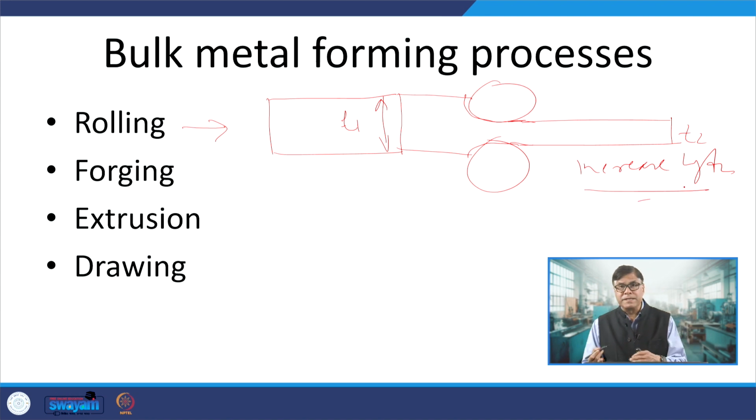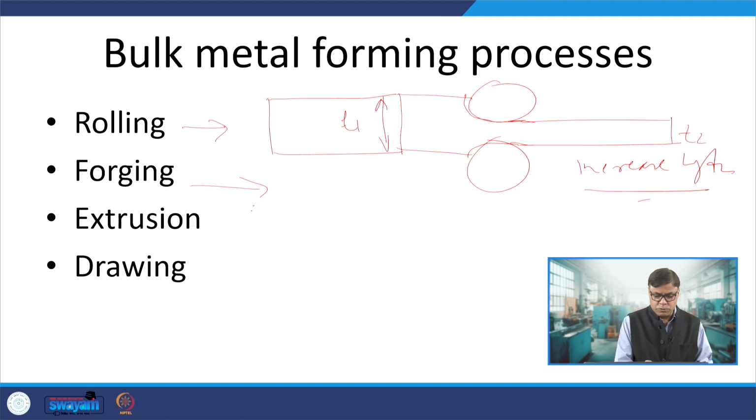Width usually remains constant. So, the rolling is one process where significant reduction in thickness is realized coupled with the increase in length, while there will be marginal or very little change in the width of the sheet which is being rolled. So, the rolling is one bulk metal forming process. The forging is another one, which can be open or closed forging.